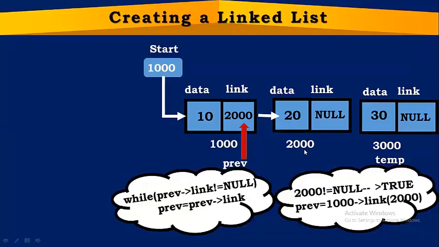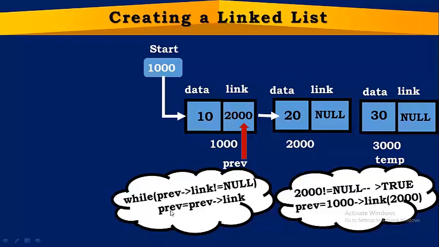How is it done? By assigning 2000 to prev. How to assign it? Its link part is containing 2000, right? So prev is assigned with 1000 of link. Whatever address is present in its link part, you have to move there.